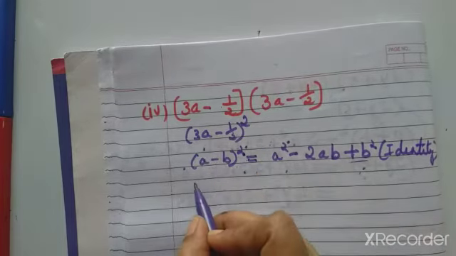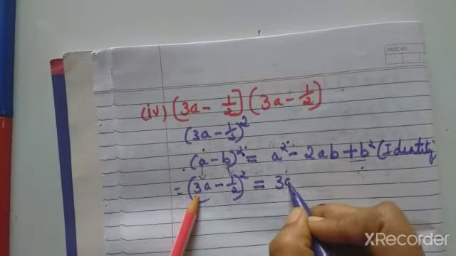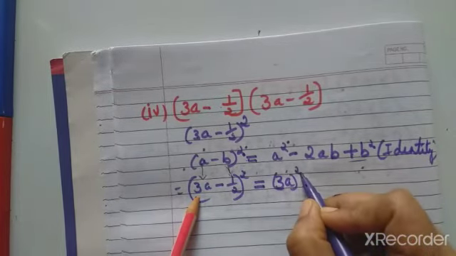equals. So now a value is 3a and b value is 1 by 2. So in the place of a we have to write 3a, in the place of b we have to write 1 by 2. Now a square means which number we have to write? 3a whole square.